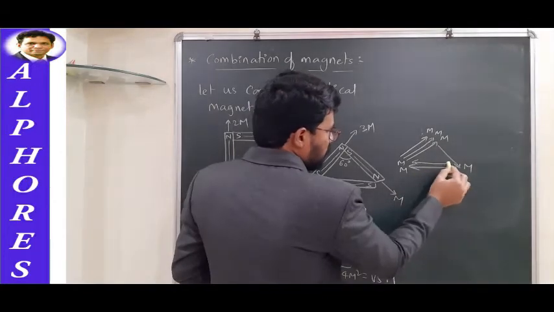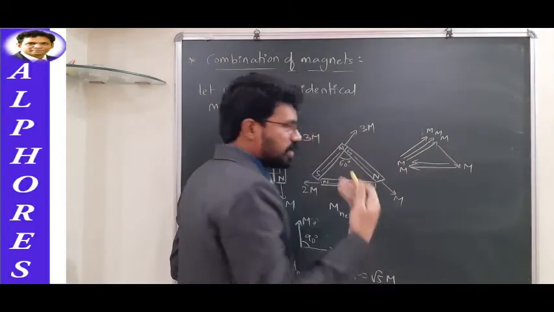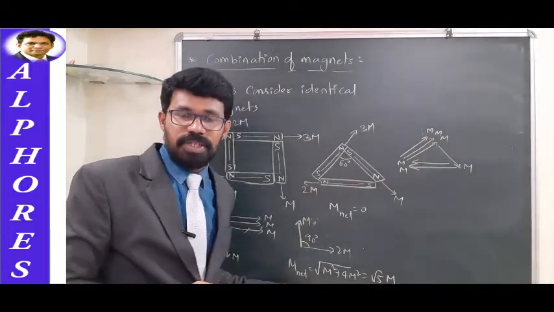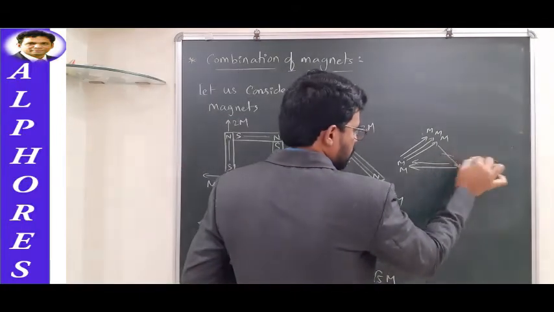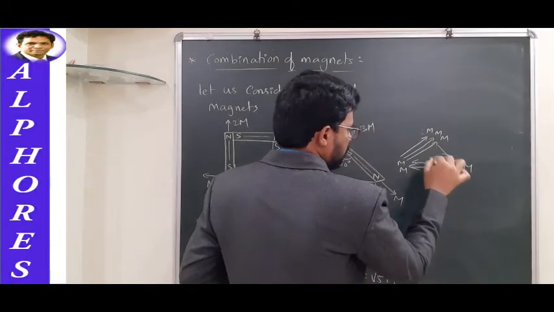So here one set of all m's gets cancelled, the resultant will be equal to 0, one set of m's. So you can get rid of this m and this m, this m.